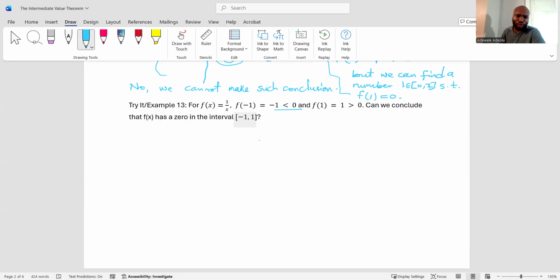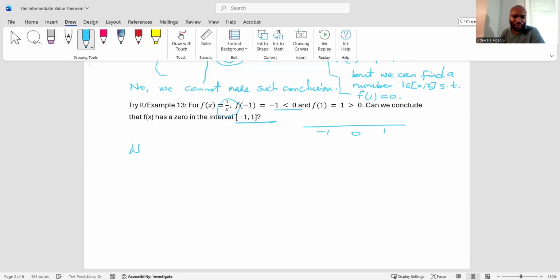Well, we know that for us to be able to make that conclusion, f of x must be continuous on that interval, -1 to 1. But you can see from -1 to 1, there's a 0 in between. However, we cannot divide by 0.